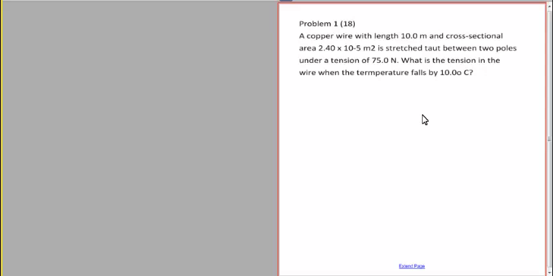So this actually goes back to using some of the information in our chapter 10. So let us look at this thing. So you've got this copper wire that's stretched between two poles. Okay, so the length is equal to 10 meters.